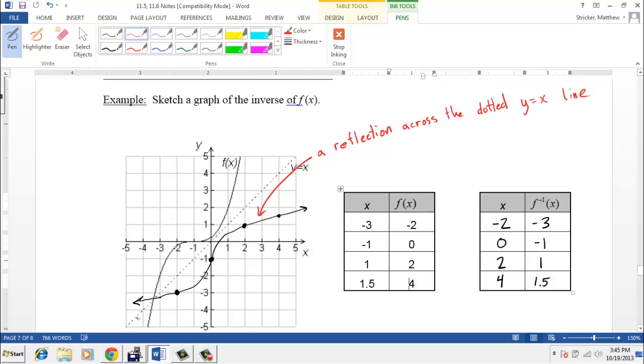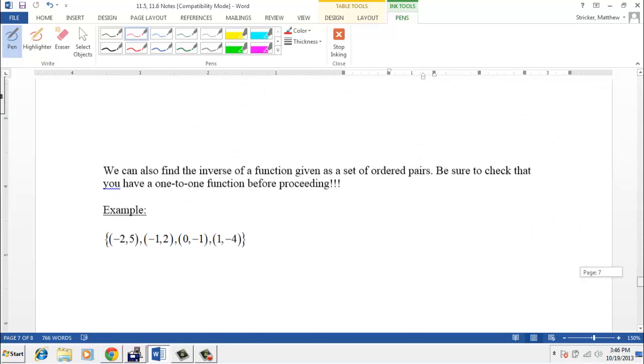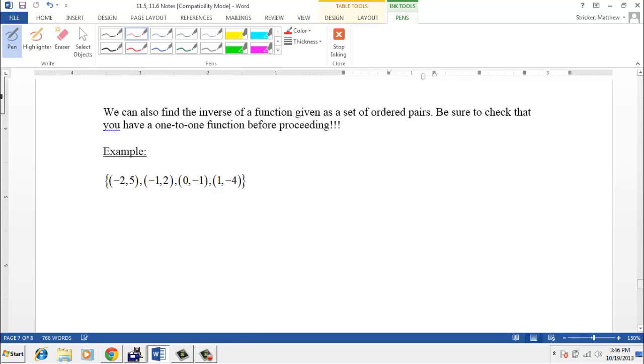So if you look across this dotted line, it's at like 45 degrees. These two graphs are reflections of each other, and this is a result of inverse functions. In fact, anytime you have a function, its inverse function will always be a reflection of the original function across that dotted line. So that does it for that example.